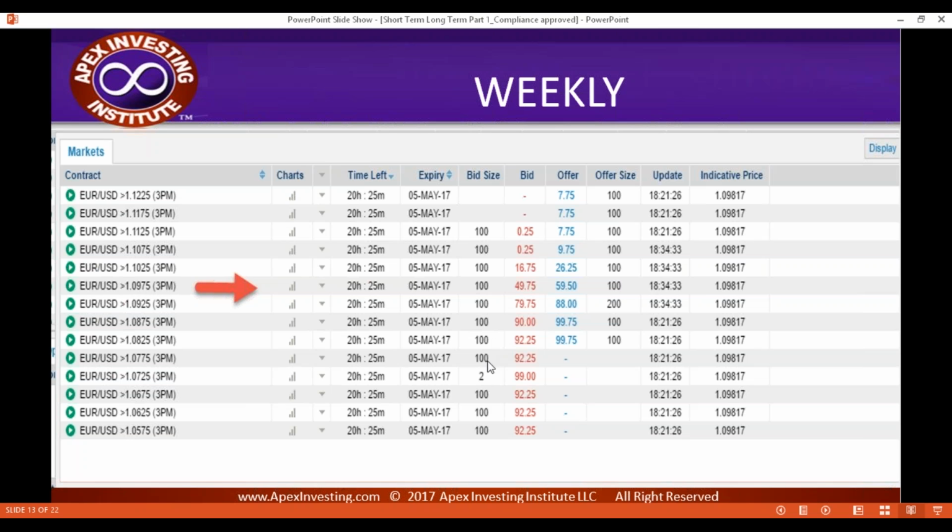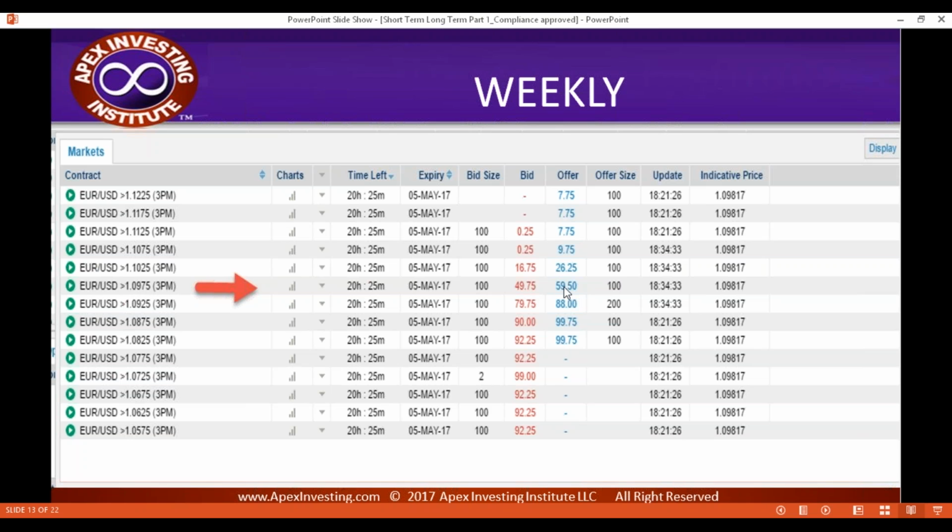Okay, so we understand that you can utilize the strike ladder to see how the pricing works. If you understand the basics of a binary, at expiration, a binary is either worth 0 or 100, right? And as the market moves for you or against you, the value of the binary moves towards 0 or towards 100.